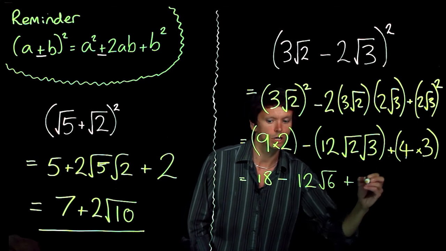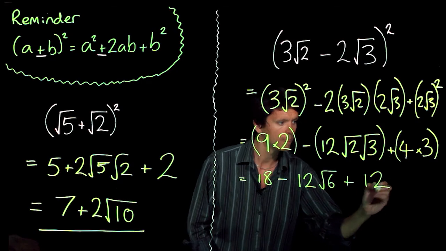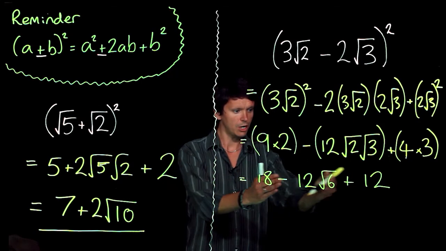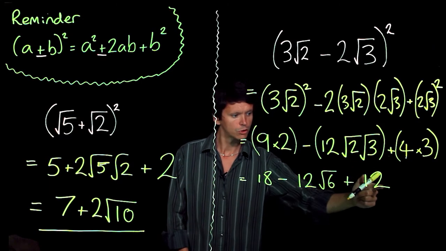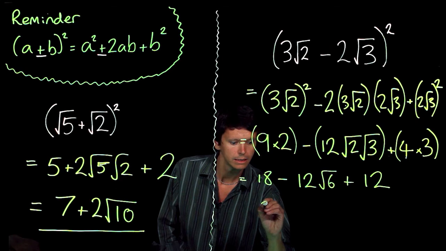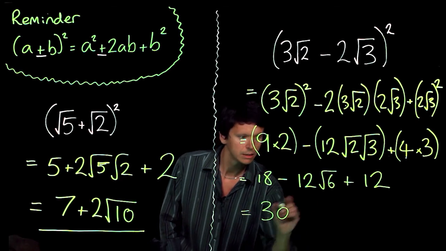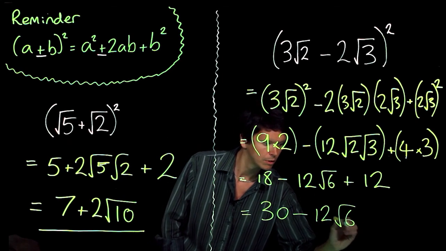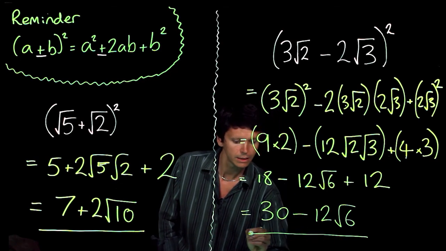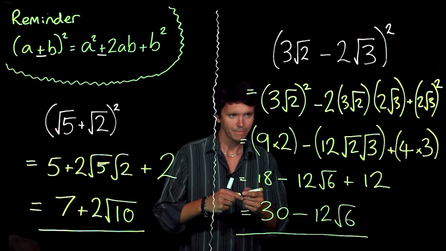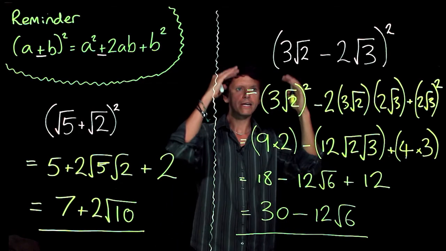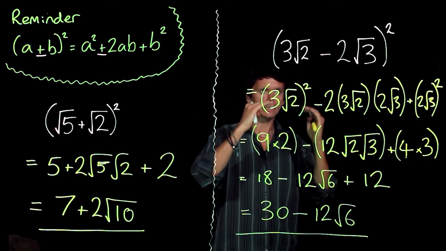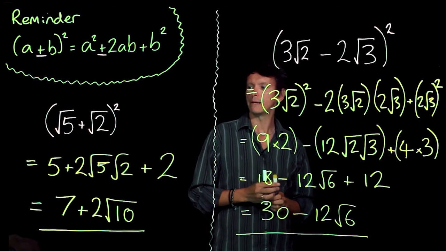Plus 4 times 3 is 12. Final step, let's just tidy this up. So 12 plus 18 is 30 minus 12 root 6. And I think you can see there how important it is to be very, very careful when you're expanding surds in this way.